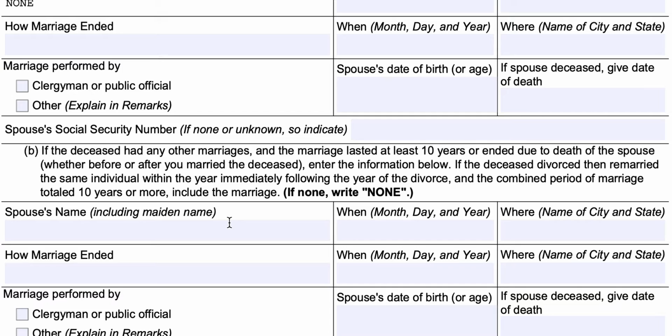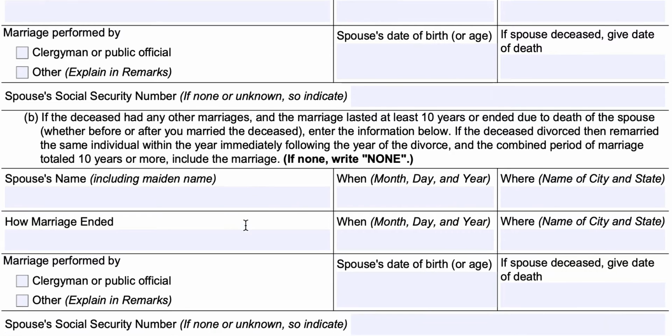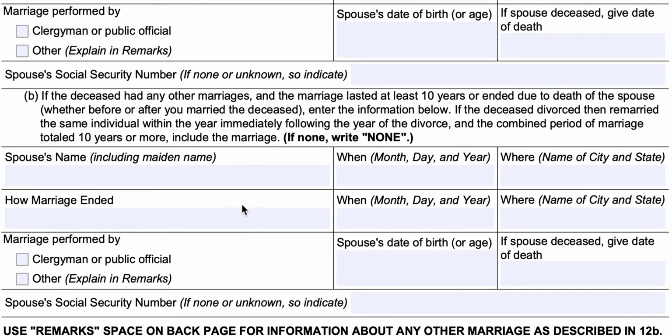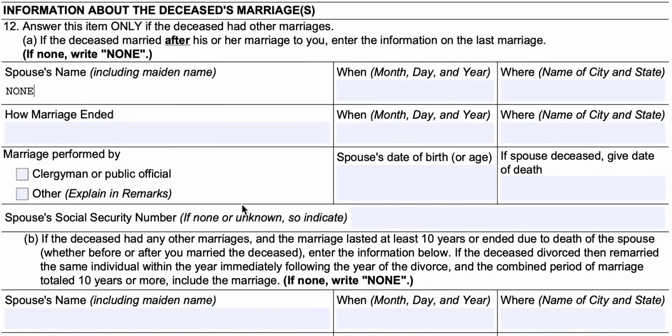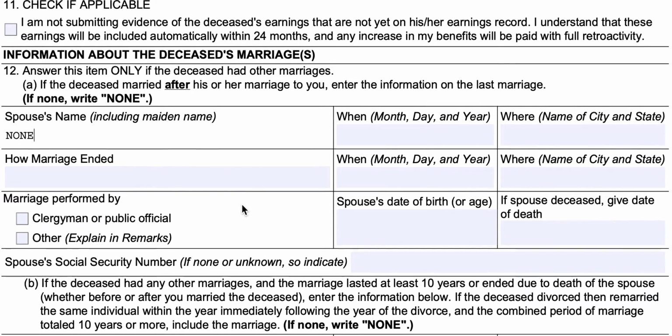And if a former spouse applies for benefits based on your deceased spouse's earnings history, it impacts you in no way. So, to the extent that you know or are aware of other marriages, then you would insert that information here. There's room enough for 2 additional marriages.